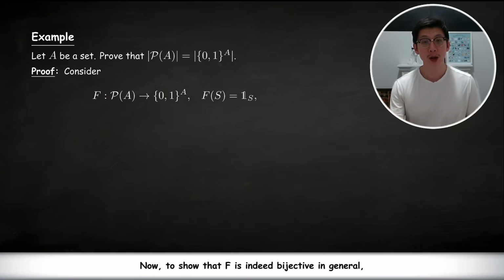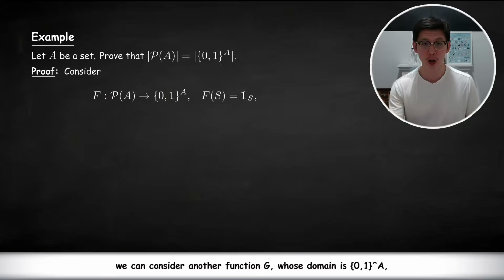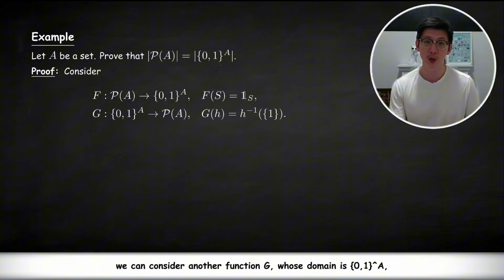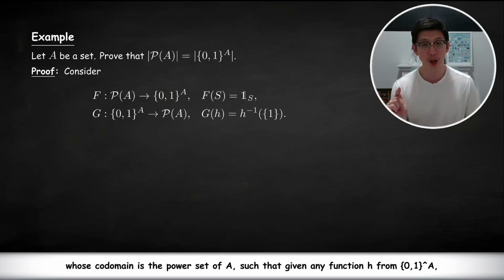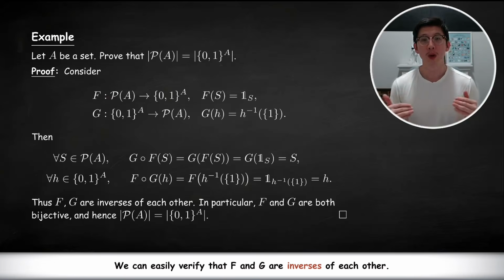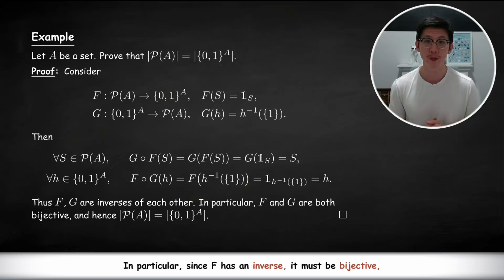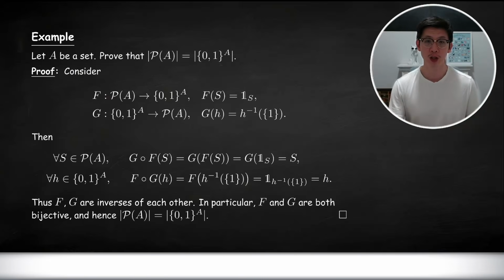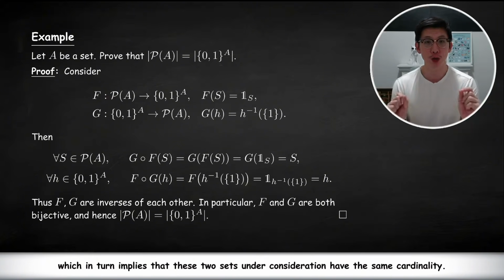Now, to show that f is indeed bijective in general, we can consider another function g, whose domain is {0,1}^A, whose codomain is the power set of A, such that given any function h from {0,1}^A, we send this function to its preimage of the singleton set {1}. We can easily verify that f and g are inverses of each other. In particular, since f has an inverse, it must be bijective, which in turn implies that these two sets under consideration have the same cardinality.